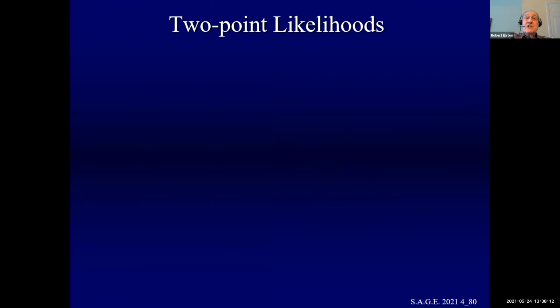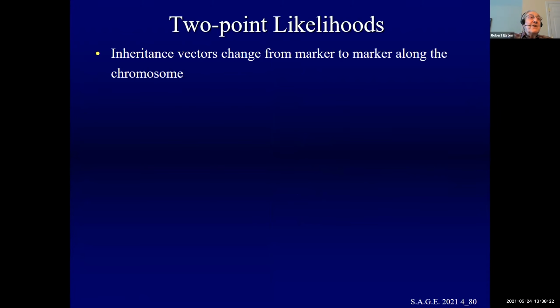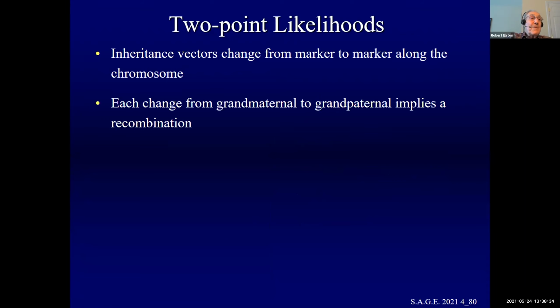Now, any questions so far? I hope this is clear, because if it's not, you may as well forget the rest. No questions? All right. So the inheritance vectors change from marker to marker along the chromosome. That's what happens. That vector of bits changes from marker to marker.